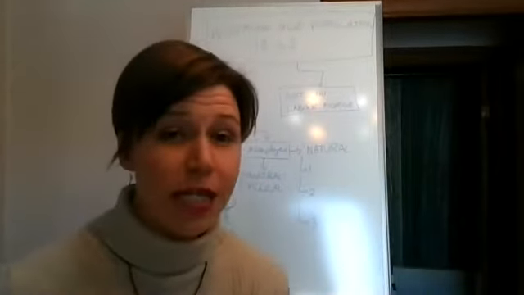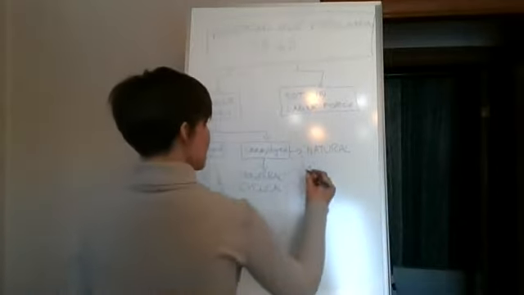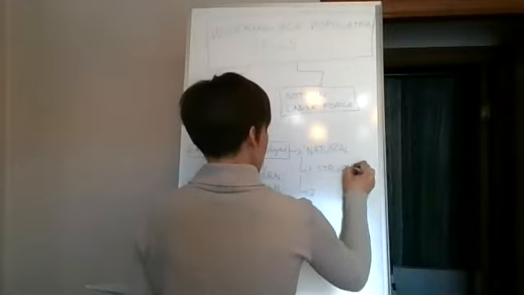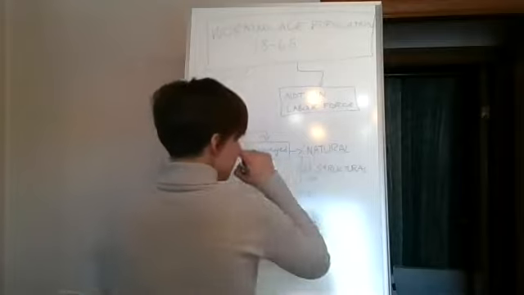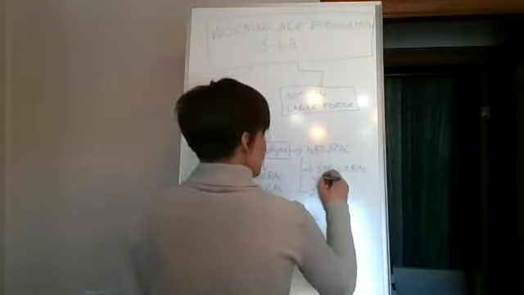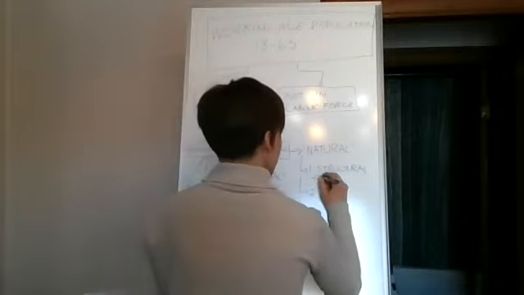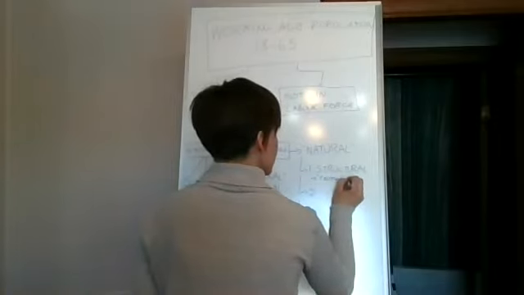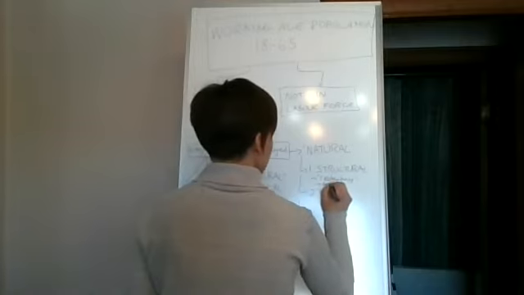Then we have three types of natural unemployment. We have structural, and the way that I remember this one is, if you ever read headlines, you'll hear about companies doing a business restructure. They're restructuring, and that's the nice way of saying we're laying people off.